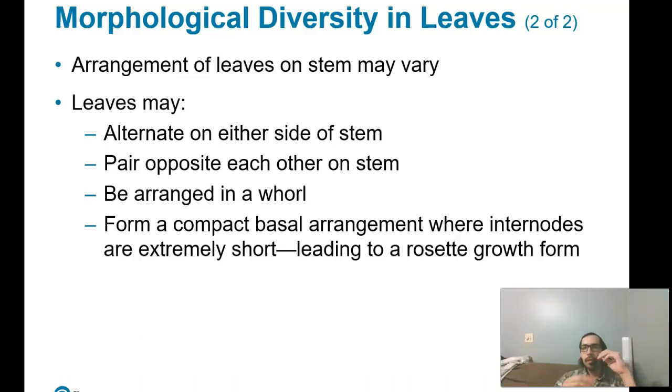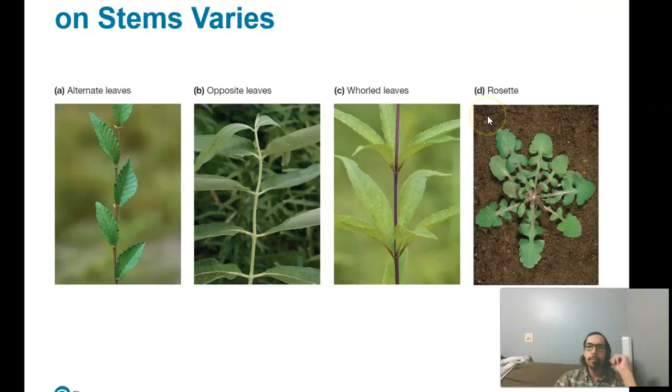So this gives it more of a rosette pattern. So these are the alternate leaves. These are the opposite leaves, the whorl leaves, and then the rosette. The rosette is similar to the whorl leaves. It's just like I said, the internodes are shorter in the rosette.